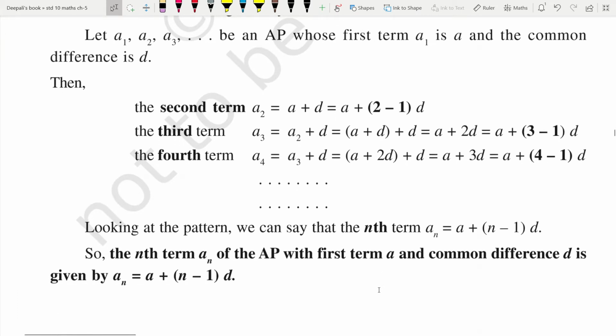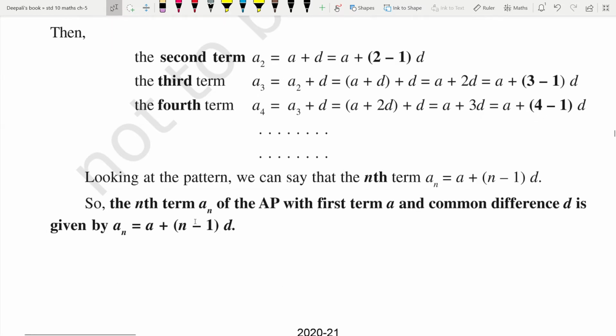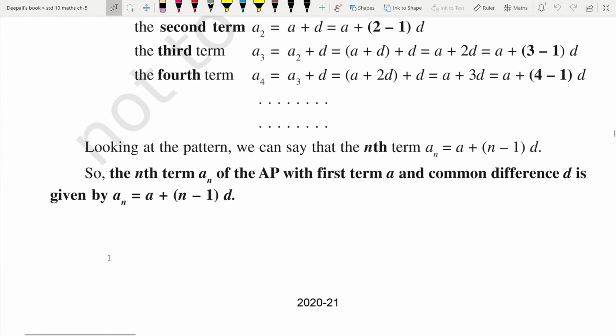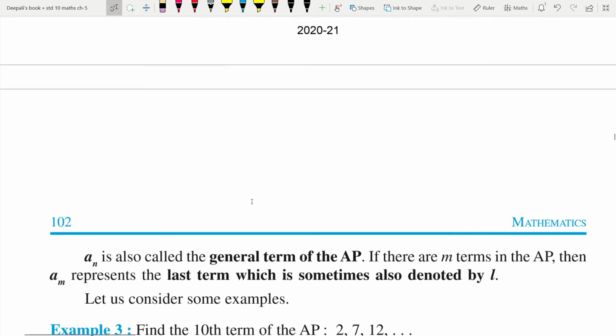Looking at the pattern, we can say that the nth term An is equal to A plus n minus 1 D. So the nth term An of the AP with first term A and common difference D is given by An is equal to A plus n minus 1 D. So this is the formula which we are going to work on now.